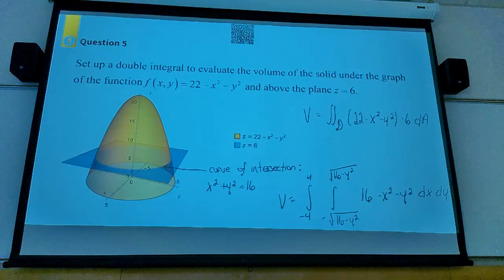Go ahead and do that by hand. That's going to be really fun. It is doable. There's going to be a lot of algebra. Oh, but what do you notice about that region? It's clearly circular. What coordinate system should you think of?